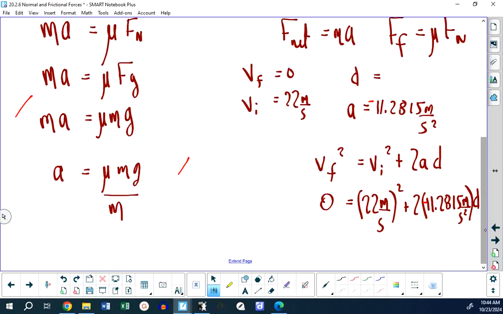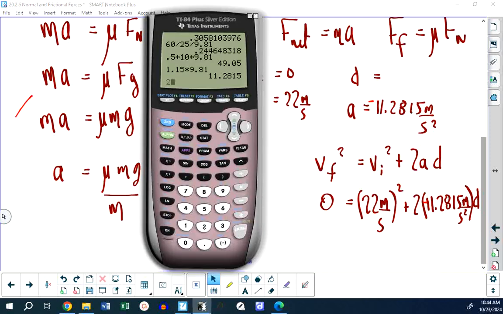We need to take that 22 squared, subtract it to the other side, where it becomes negative, and then divide by 2, and divide by negative 11.2815, and get an answer of 21 meters. And that's the answer to the final example.